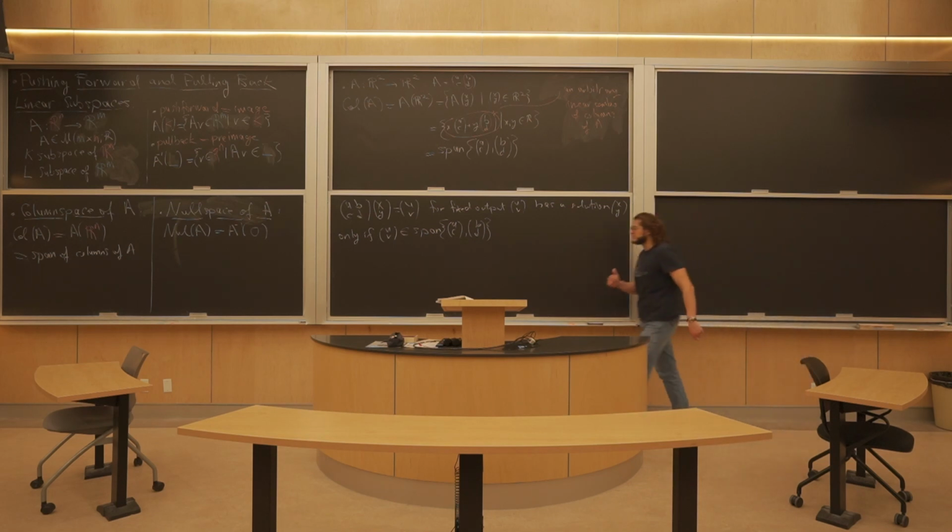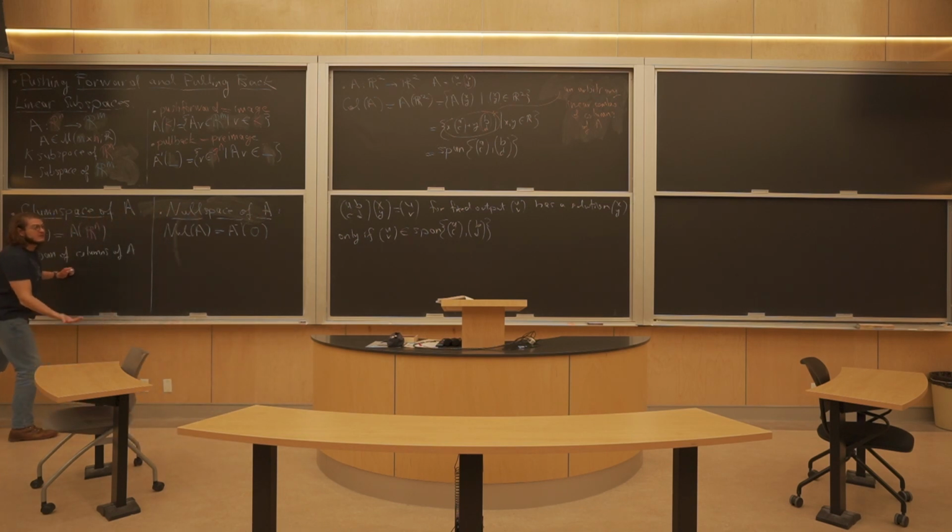So I can also think of this column space as the set of all those outputs, so the set of all those right-hand sides that I can solve the equation for.